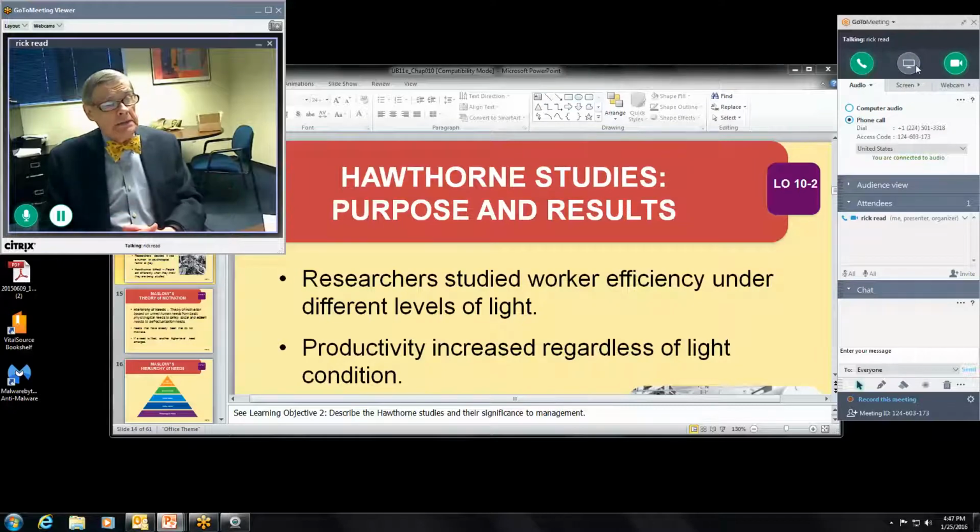There's one other experiment at Hawthorne I want to mention to you, and that was the researchers decided to have people work 5 days a week. Now, in those days, the late 20s and early 30s, the 6-day work week was the norm. And so the researchers immediately decided that productivity would decrease by 16%.